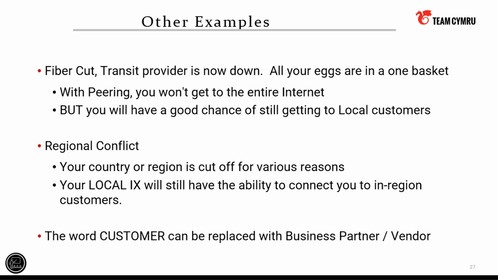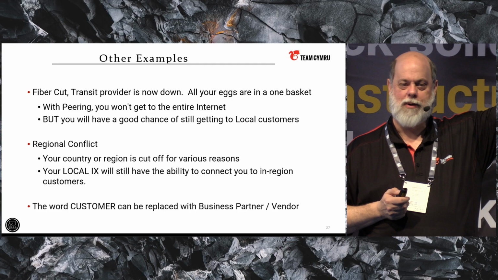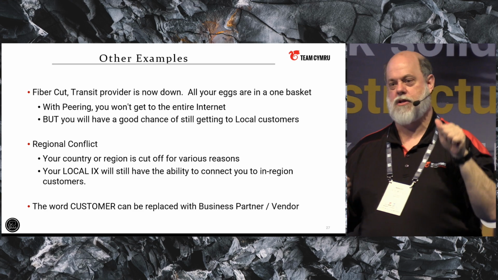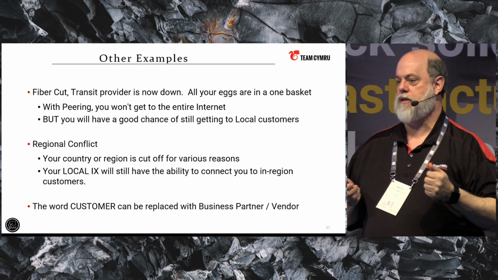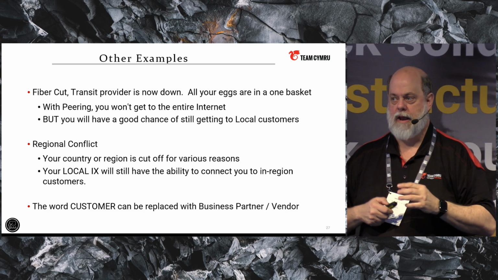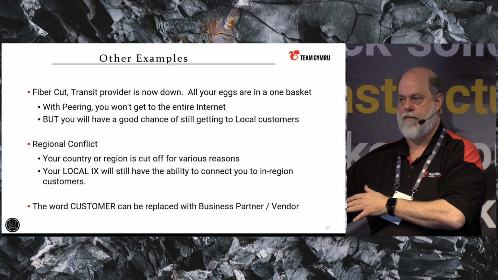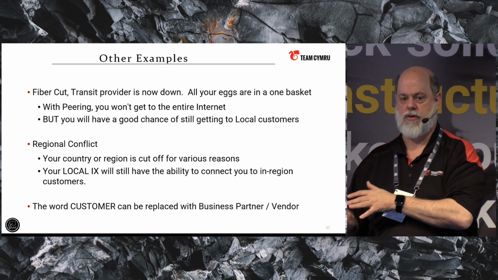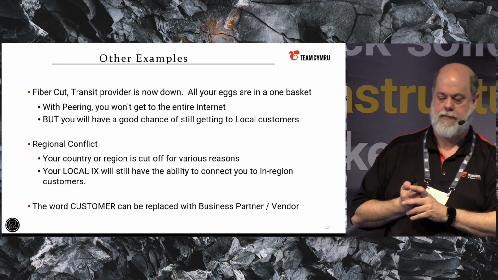Well, if the backhoe comes along and cuts that whole cable, I don't care if you've got transit from all 3 of those consortium members, your cable is physically broken, and all 3 of them are impacted, right? If you're peering, you may be able to have a different level of inter- or intra-connectivity within your region that's taking a different optical path.